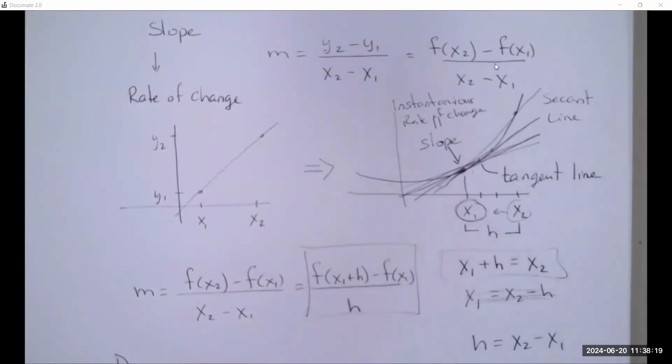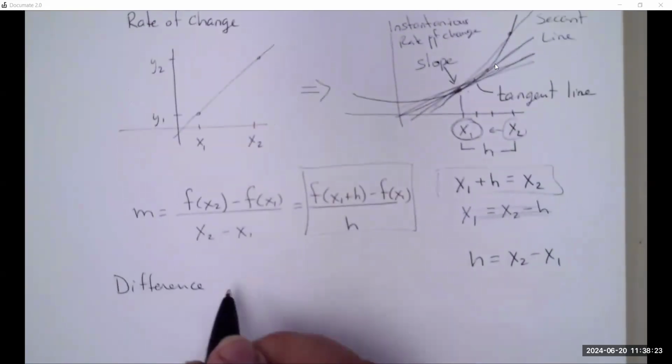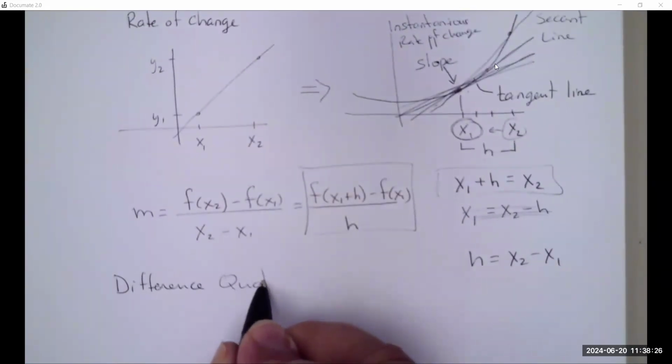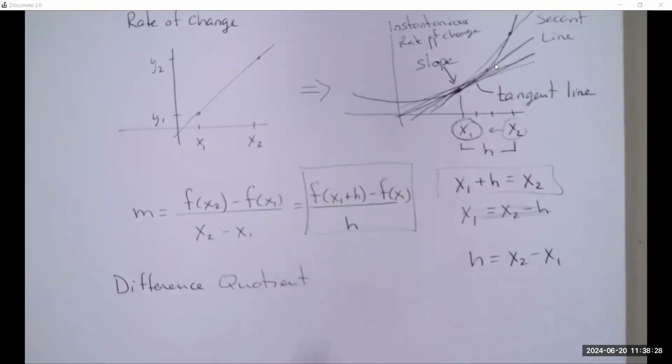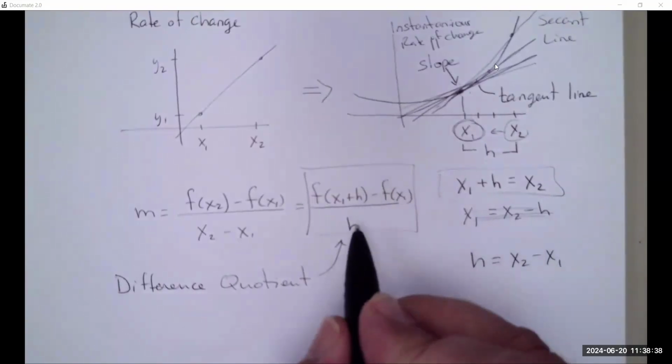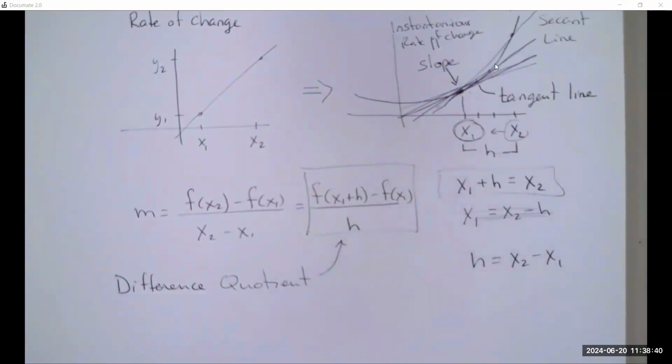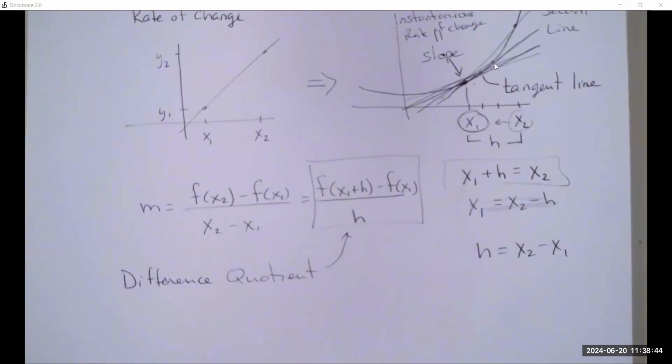That was called the difference quotient. That found the slope at one point, if we knew what h was. That's what we did in chapter 1.